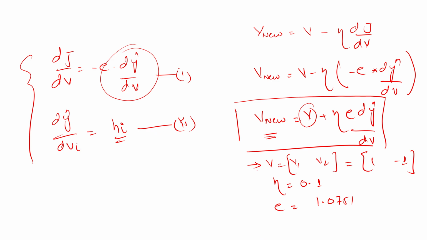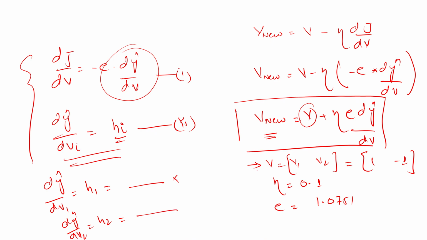Now dy hat by dv1 is actually h1, and similarly dy hat by dv2 is h2, both constant values we derived. So we have all the values on the right hand side: v, eta, error, and this vector. We will simply substitute them here and obtain v new. I will explain this in the next slide.